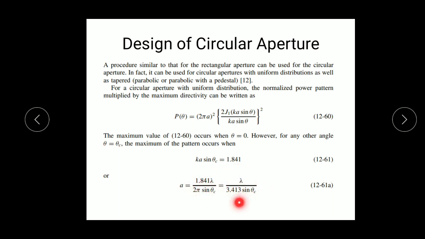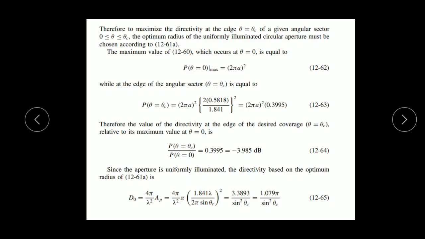Okay. Now simplify this equation. This is lambda by 3.413 sin theta c. Therefore, to get maximum directivity at the angle theta equal to theta c of a given angular sector 0 to theta c, the optimum radius of the uniformly illuminated circular aperture must be chosen according to this.